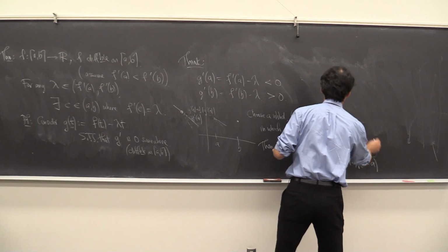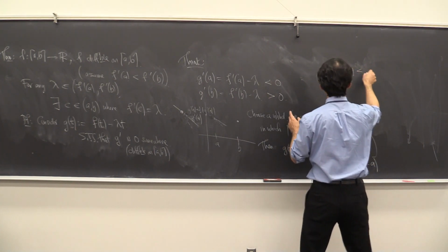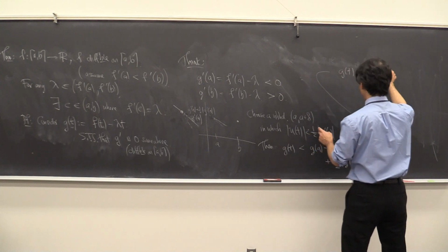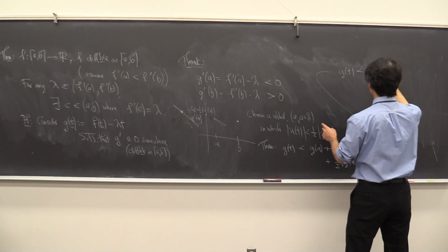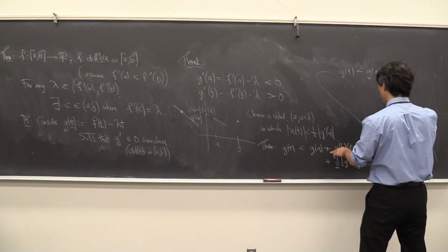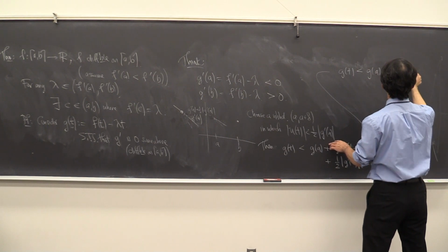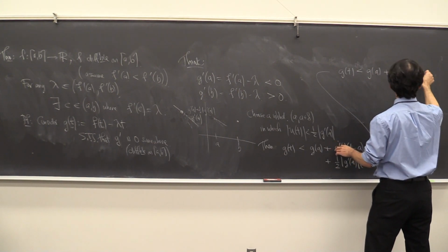In other words, we've got g of t is smaller than g of alpha plus 1/2 g prime alpha times (t minus alpha).